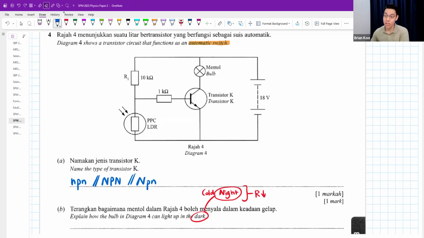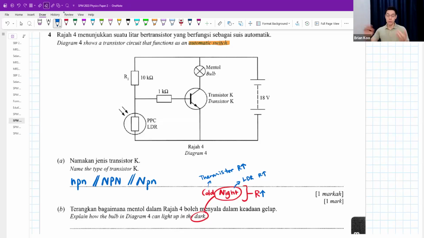Okay, of course, right now we are not talking about the cold. Cold is for the thermistor. If it's cold, thermistor, I'm so sorry, I made a mistake. Resistance is going to go up, increase. Thermistor resistance will increase. If it's nighttime, LDR resistance is going to increase.